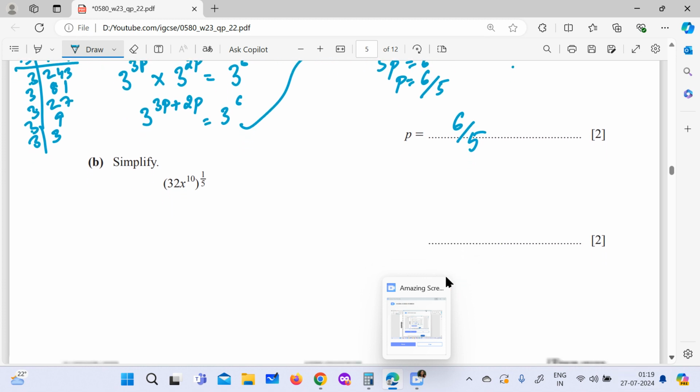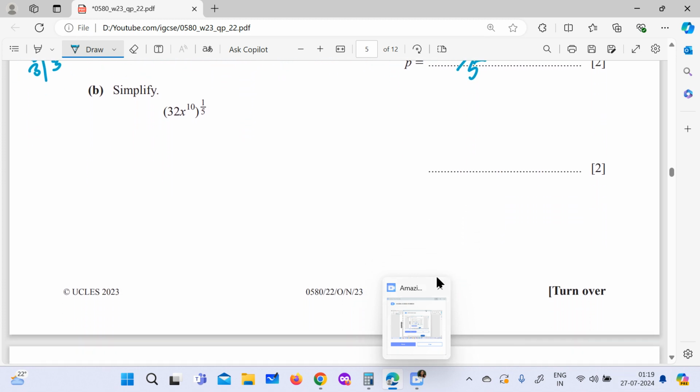Now let's go to the next question. Here you have simplify (32x to the power of 10) whole to the power of 1 over 5. So don't forget to put this power on each term inside the bracket.